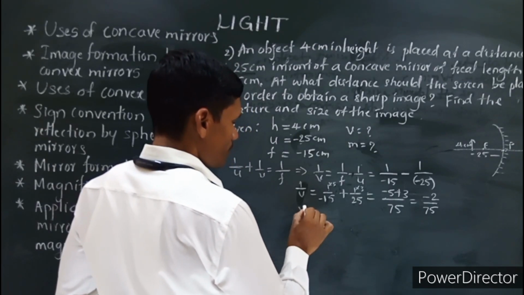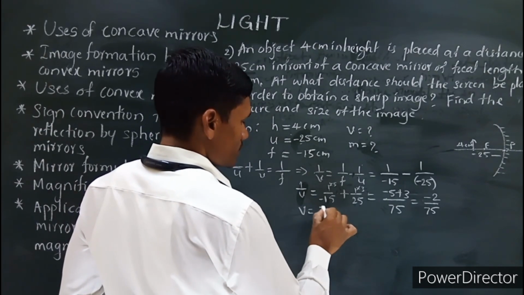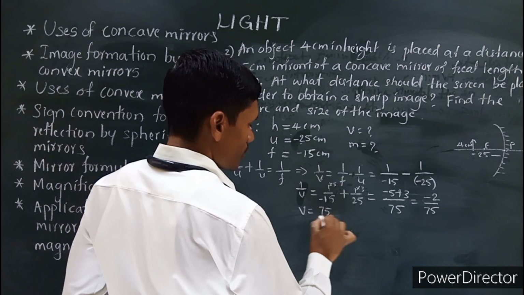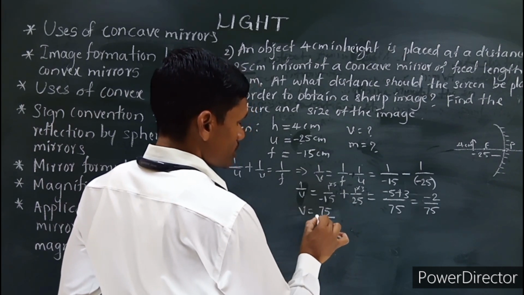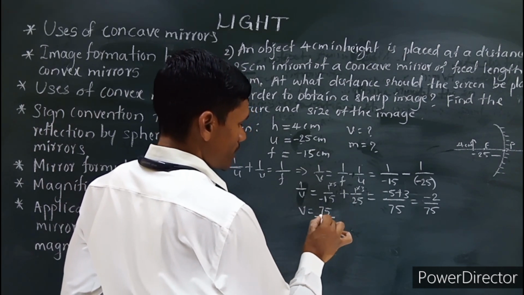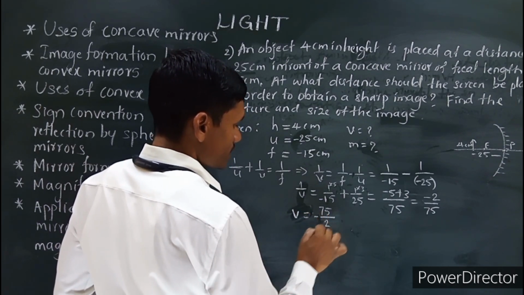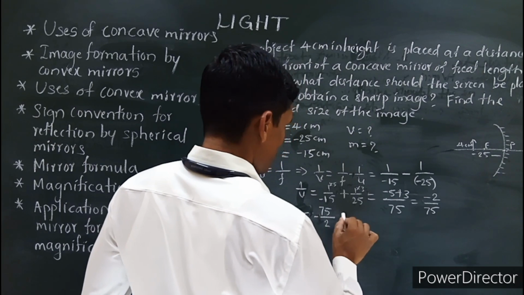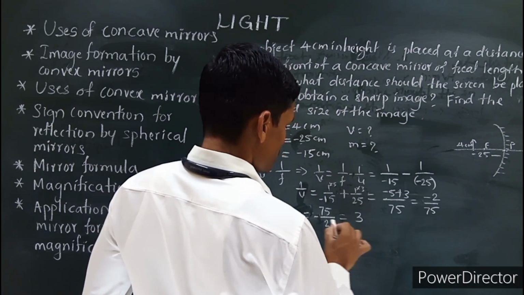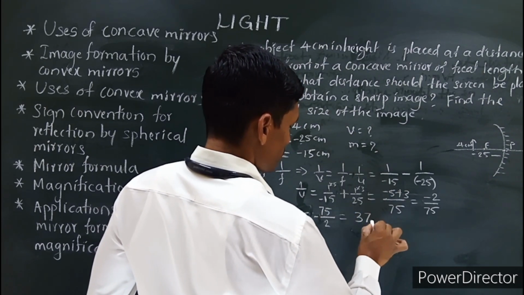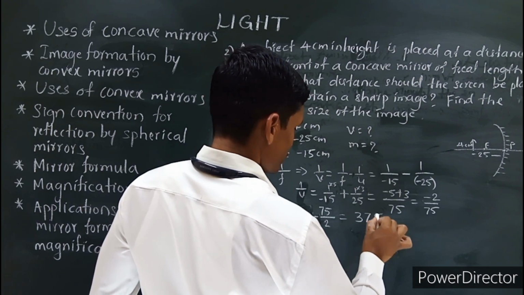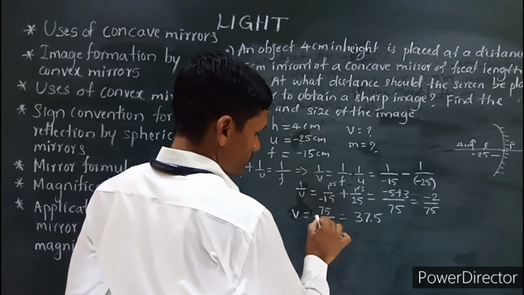So v is equal to 75 divided by minus 2, right? Whatever value we get will be negative. v is equal to minus 75 by 2, which means minus 37.5.